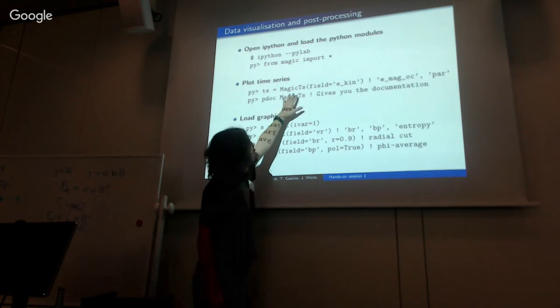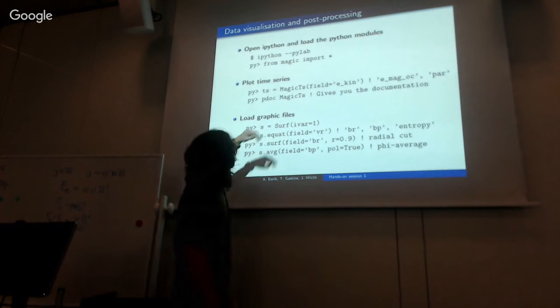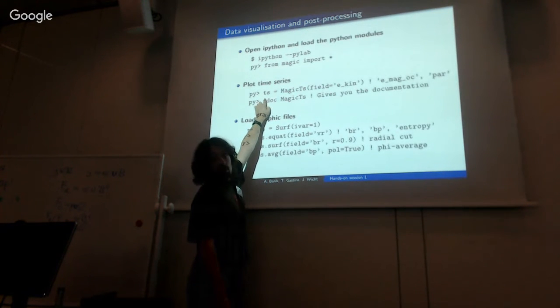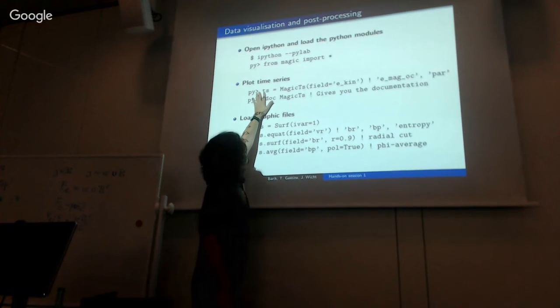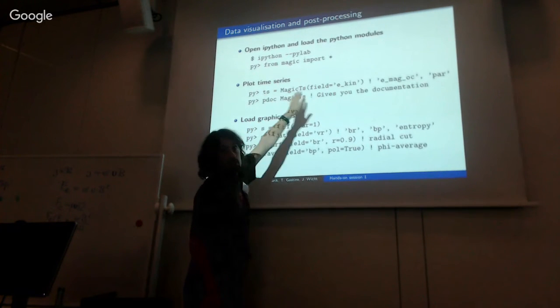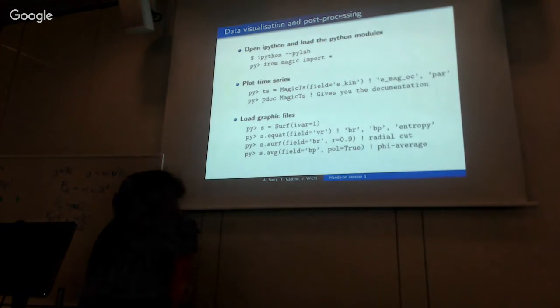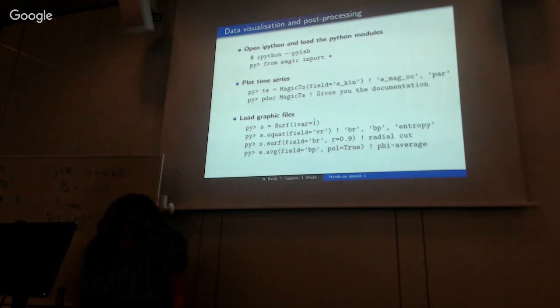So what it does here is that it's plotting it, but you can also access the data through TS. So TS is an object here. So if you type TS dot and then tab, it's going to give you a lot of things that you can use. So maybe I can show it to you.